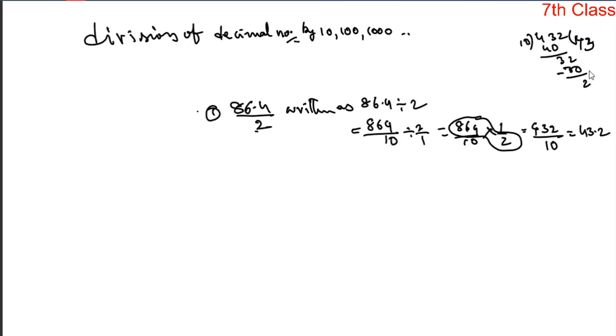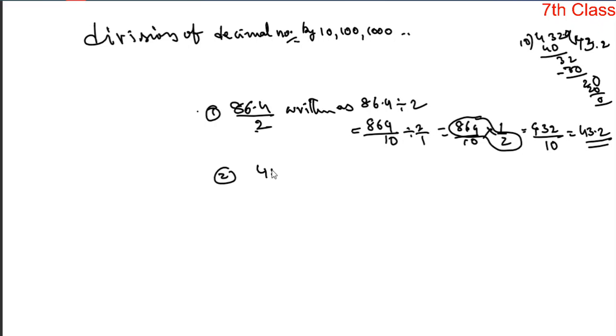There is no digit to bring down, so put a point in the dividend place and put as many zeros as you need. Now put the decimal point in the quotient place and bring down 0. Now 10 twos are 20. So 432 by 10 means 43.2. Just like that, let me explain one more.